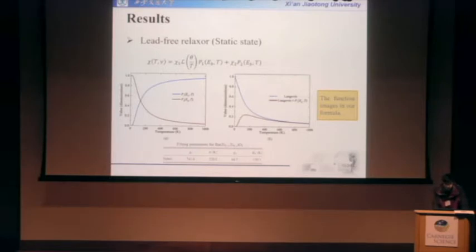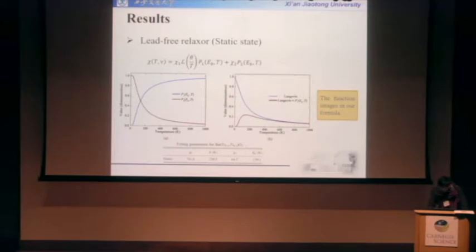We focus on each component of this equation, and P1 and P2 show opposite trends as the temperature increases. For the second panel, the Langevin function is normalized and the temperature equals 0 Kelvin.